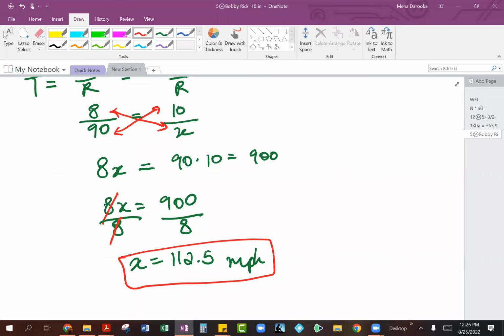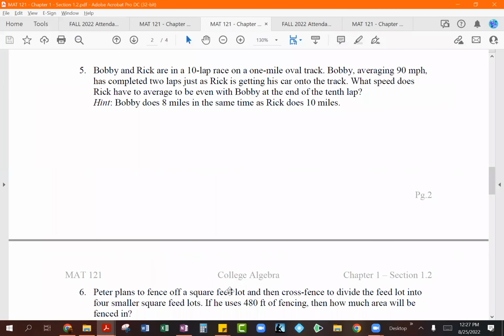But obviously you can see that's a significant increase in the speed going from 90 for Bobby to 112, 113 for Rick, because he does have those 2 miles to catch up, but obviously still maintain that same pace so that they can both end at the same time. So just again, laying back on known information to try and simplify a problem like this.